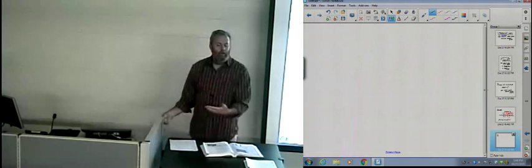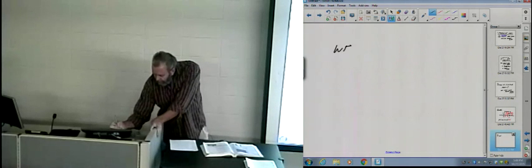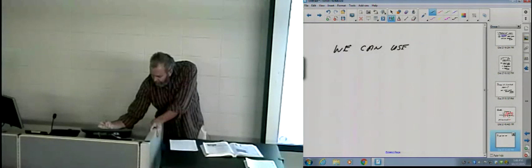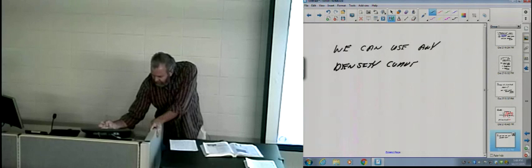That was a uniform density curve. We can use any density curve to assign probabilities.